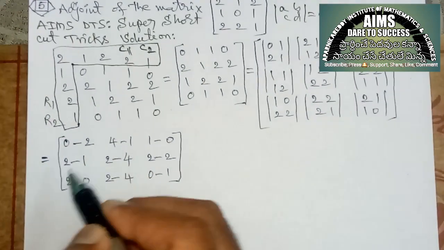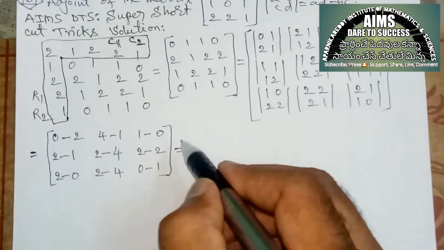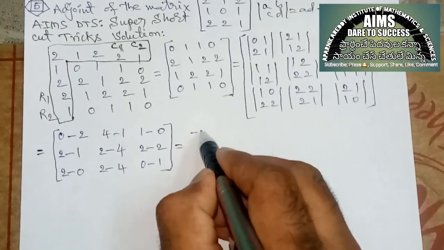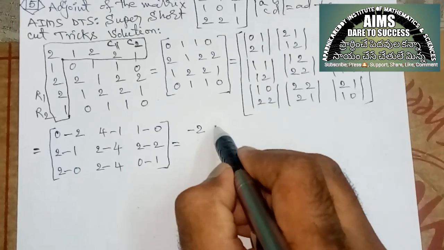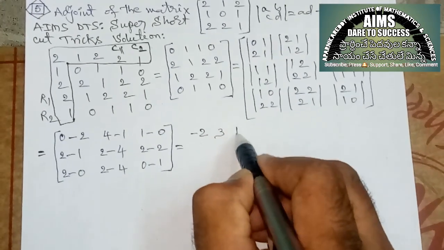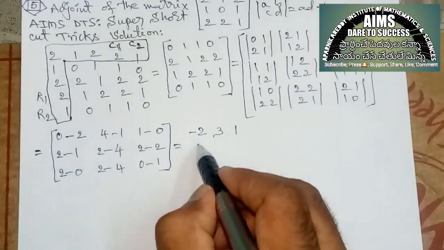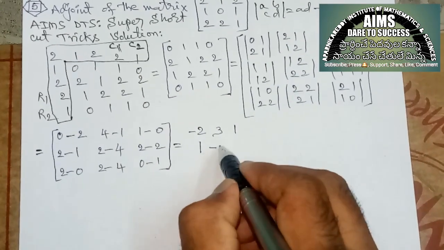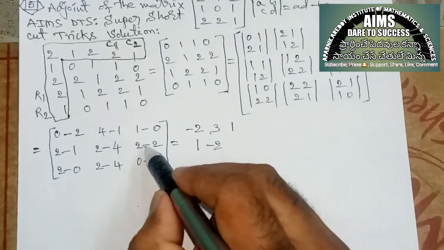So with normal simplification, the answer is 0 minus 2. Small number minus big number is negative. 0 minus 2 is minus 2. 4 minus 1 is 3. 1 minus 0 is 1. 2 minus 1 is 1. Small number minus big number is negative: 2 minus 4 is minus 2.